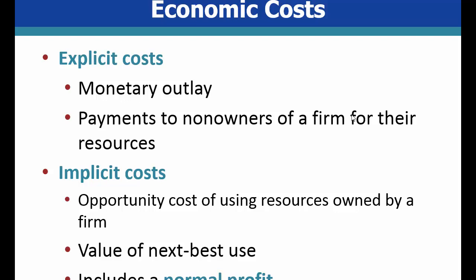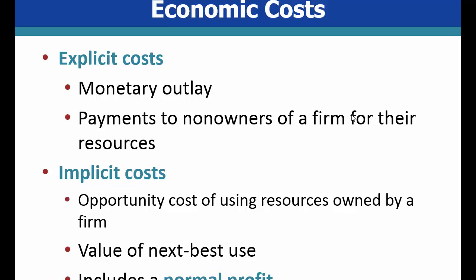You would put all of the receipts and invoices that you paid for materials to make your product. You would put in there your electric bill, your water bill, your mortgage payment. It's any actual payments. It's anything that goes out, actual payments out from the firm.